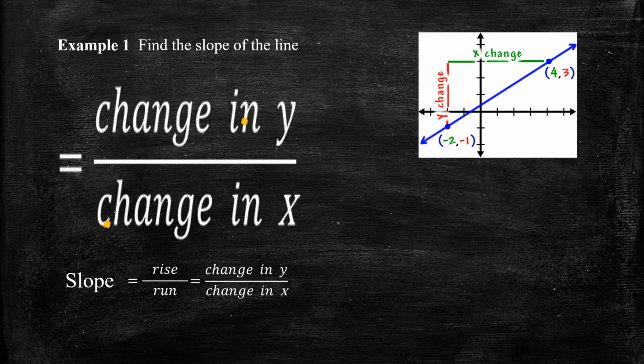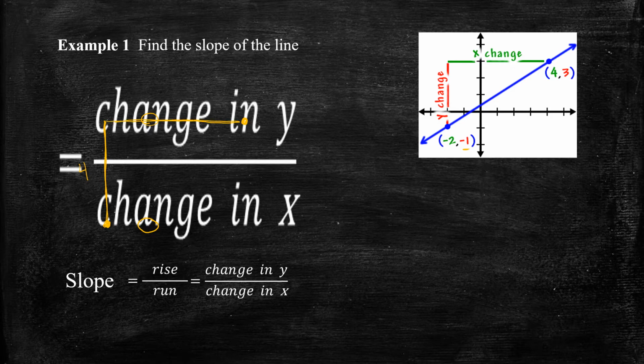The change in y is how far up we need to go to get from a y value of -1 to the y value of 3. We went from -1 on the y-axis to 3 on the y-axis, which is a total of 4 units. We then have our change in x.